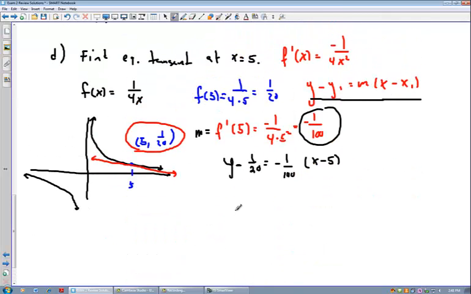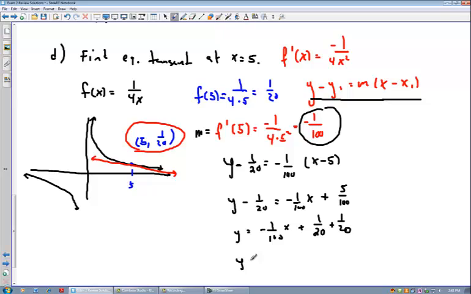And so we solve this equation. So y minus 1 over 20 is equal to negative 1 over 100 times x. And then negative 1 over 100 times negative 5 is positive 5 over 100. And then we add 1 over 20 to both sides. So y is going to equal negative 1 over 100 x plus 5 over 100, which is actually also 1/20th. And we add another 1/20th because we're adding to both sides.